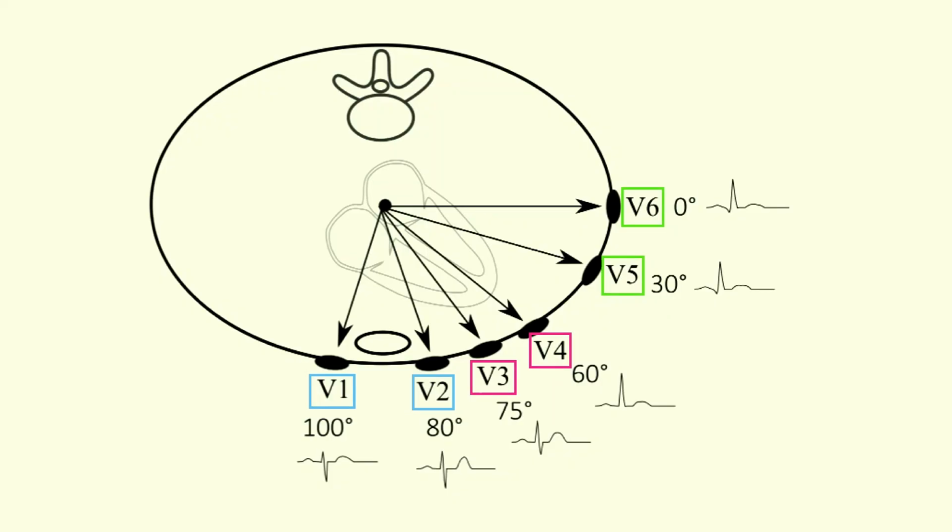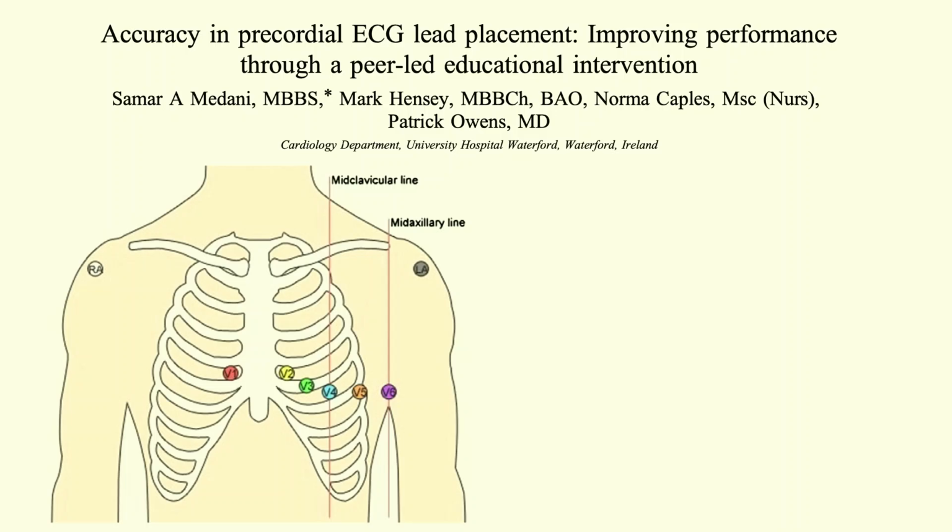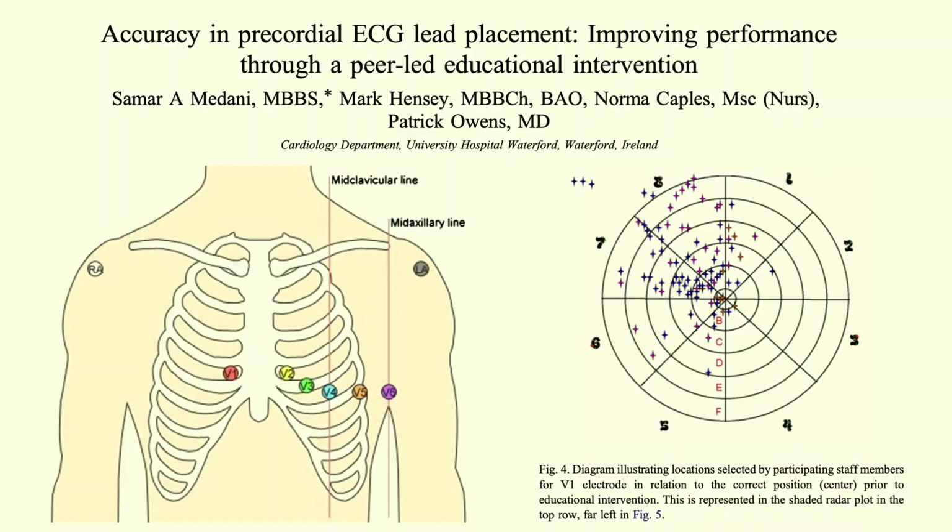Now, the placement of these is actually really important, and I'll tell you why. This was a study of healthcare workers where the investigators had them apply electrodes to the patient's chest, and then constructed a heat map showing where the electrodes ended up versus where they were supposed to be. In the center of the circle is where the electrodes are supposed to be, and each concentric circle is a couple of centimeters, I forget how much.